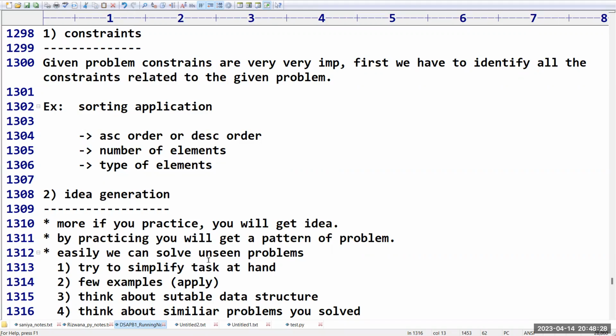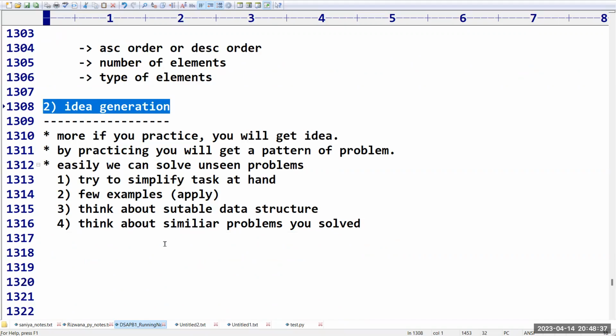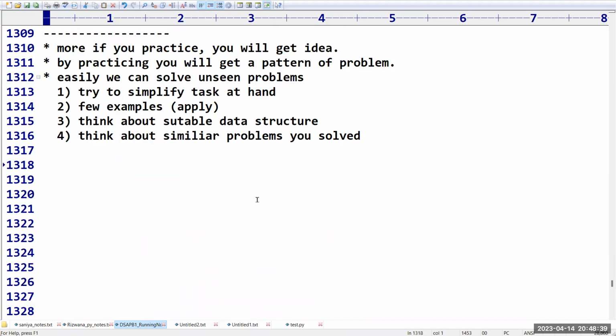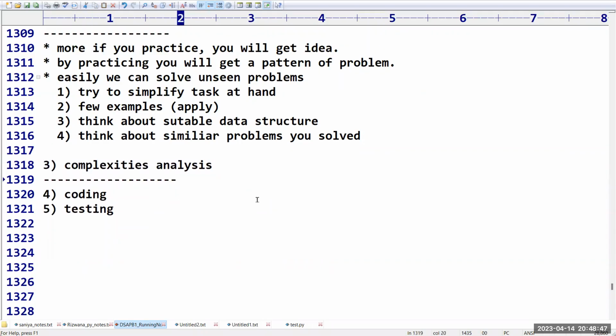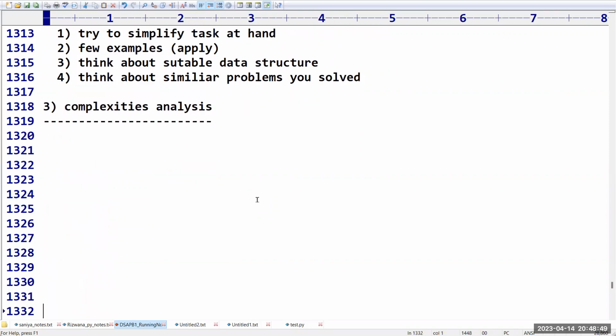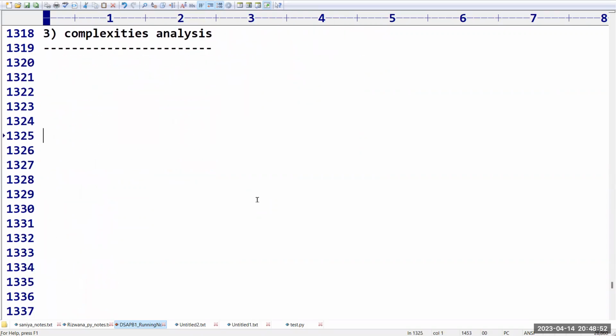So these are the first 2 parts: constraints, and how you can generate the idea. These 2 points are very, very important. Sir, what about the third point? The third point is complexity analysis. This is very, very important. I think almost 3 days back, we struggled like anything to analyze this area. In this case, we are going to find the solution.